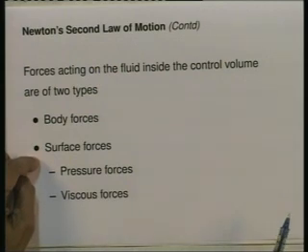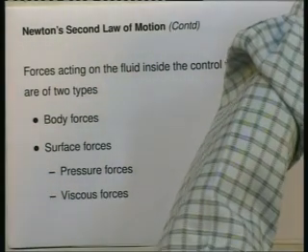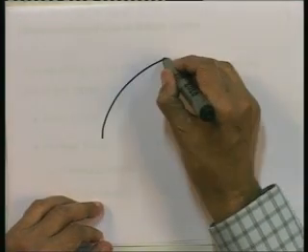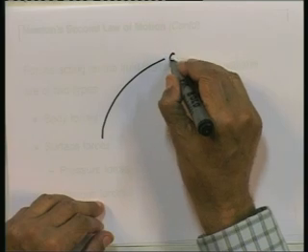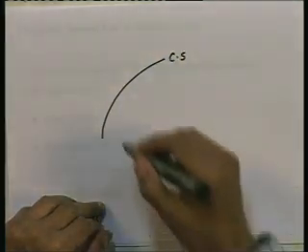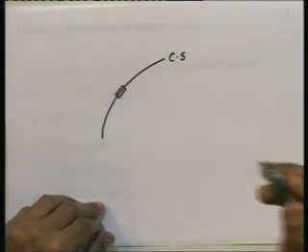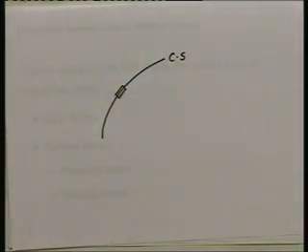Surface forces on the other hand are forces acting at the surface of the control volume. So let us just look at that for a moment. Let me just draw a control surface. Suppose for instance, this is a control surface and let us take some elementary area on this control surface, whether it is a dAI or a dAO does not matter.